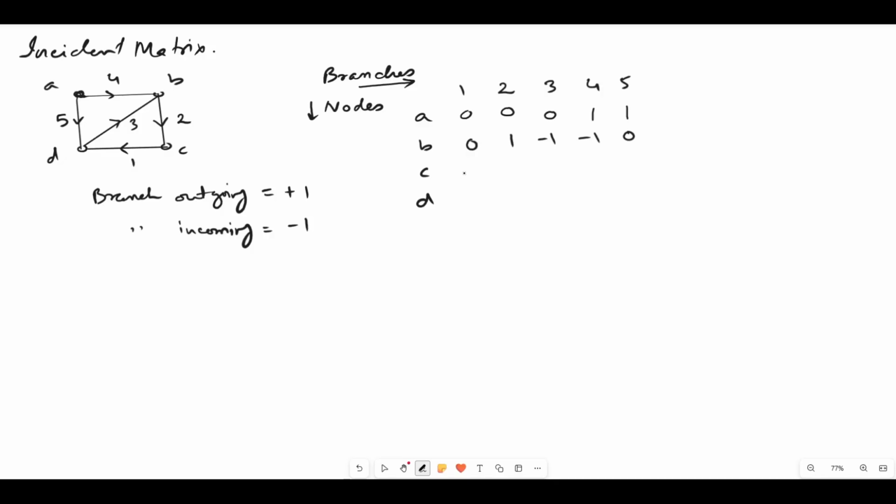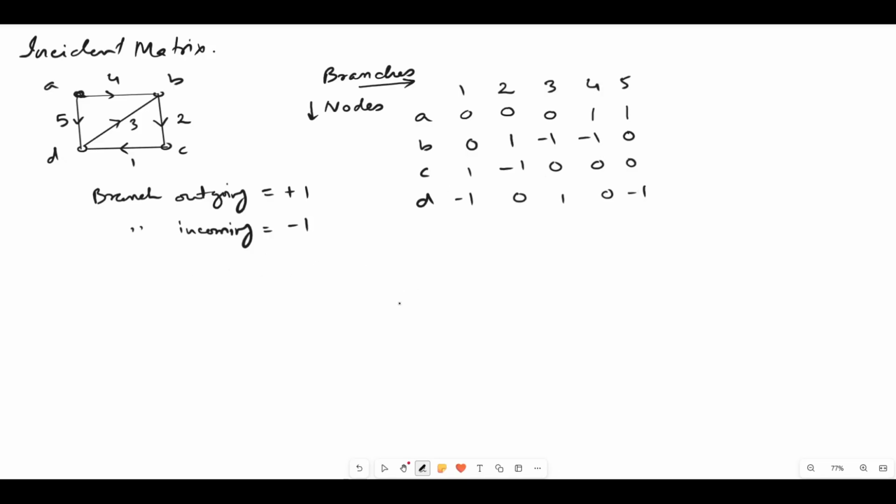Like this, if we continue, then for C it will be 1, minus 1, 0, 0, 0, because C has only 2 branches, 1 and 2, where 1 is moving out and 2 is moving in. Then for D, it will be minus 1, 0, 1, 0, minus 1.